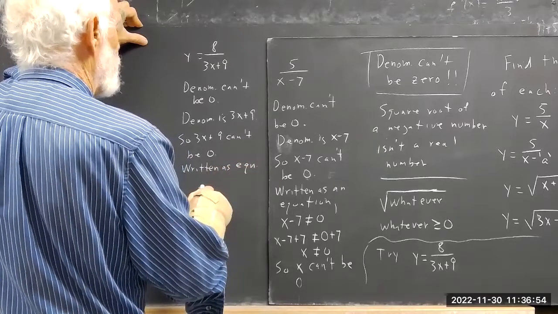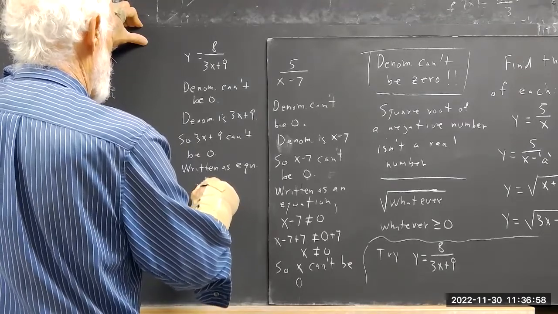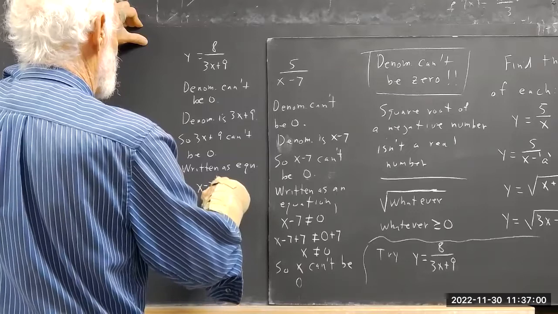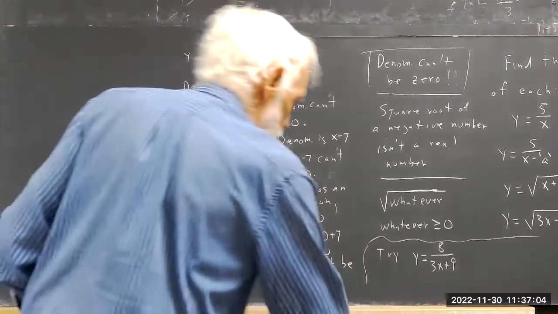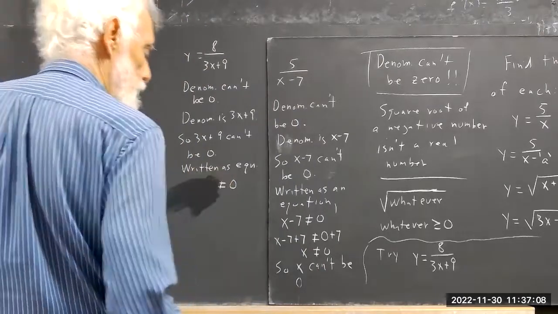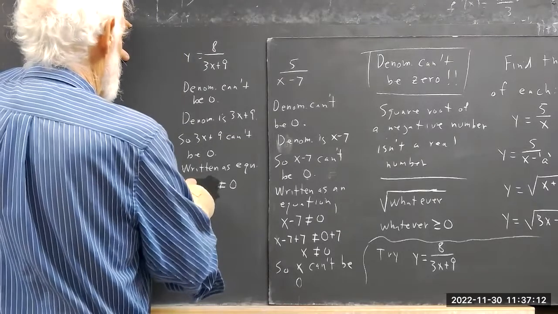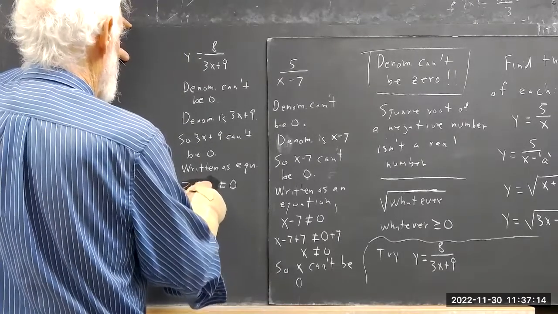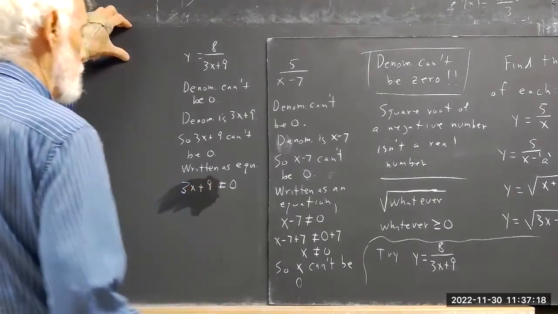Written as an equation, actually an inequality, or a non-equality. And I just copied down what I had there because I was thinking about what to say and writing down was a reflex. 3x plus 9 isn't 0.